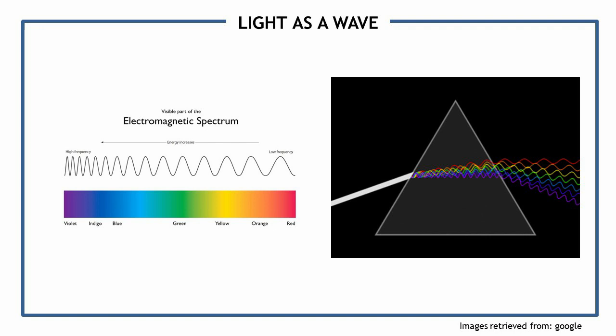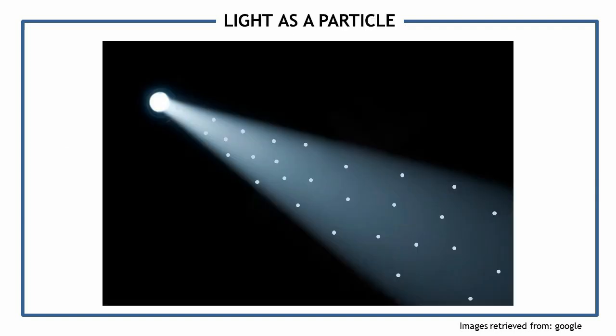Then mag-increase ng kaunti, it will appear as green, then yellow, and so on. Malalaman natin na ang wavelength ng light ay mahaba kapag na-observe natin na ang kulay ng ating light is from orange to red. So, this is how we see light as a wave.